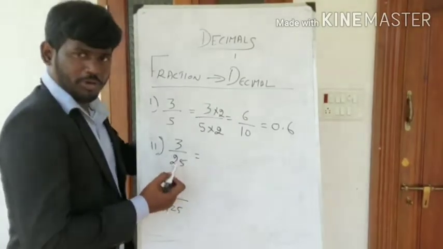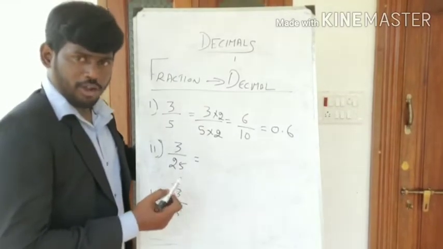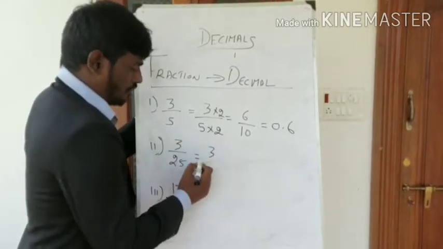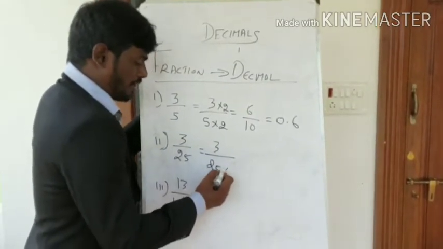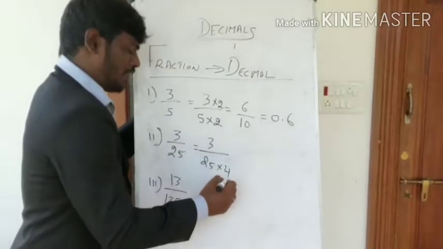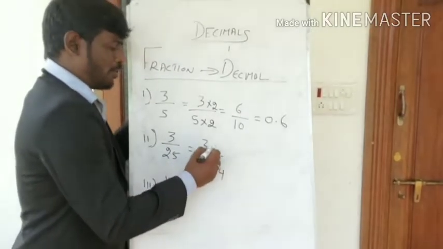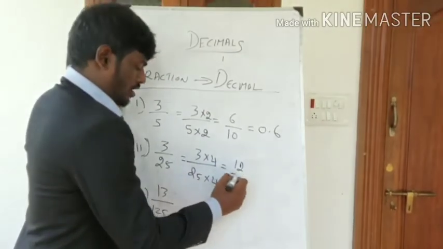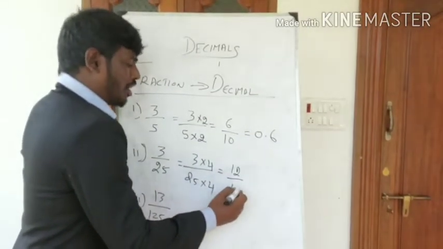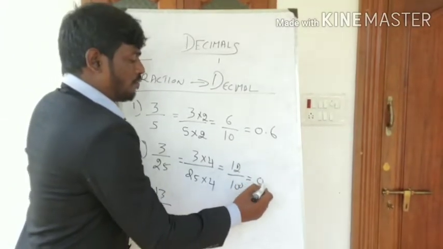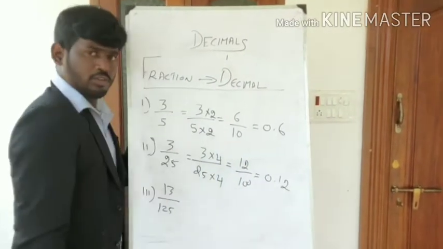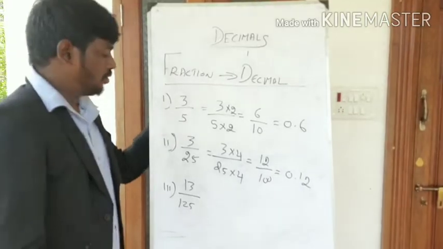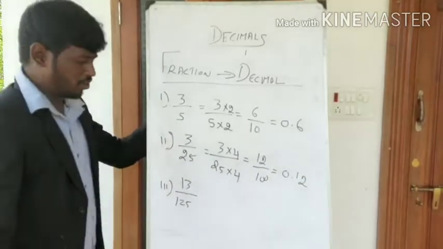Here I can't make it 10, but I can make it 100. How? 3 by 25. If you multiply 25 by 4, you will get 100. The same number you multiply with the numerator. 3 4s are 12. 25 fours are 100. Now I can write it as 0.12.